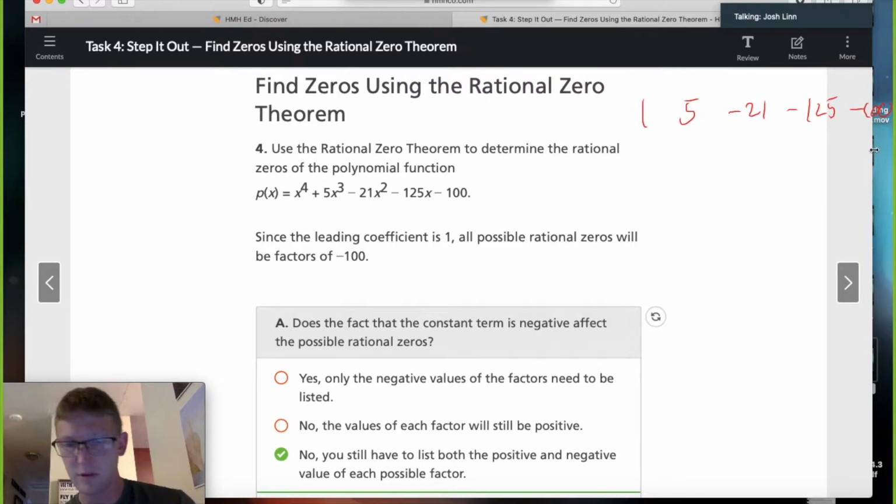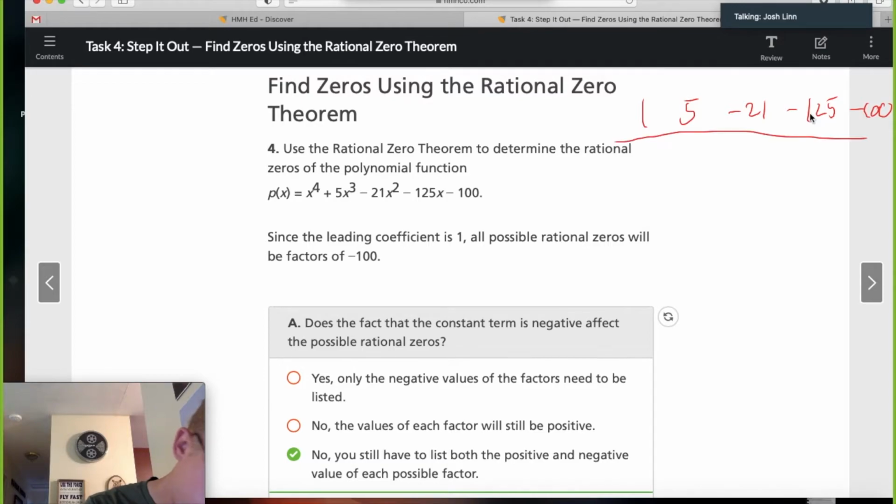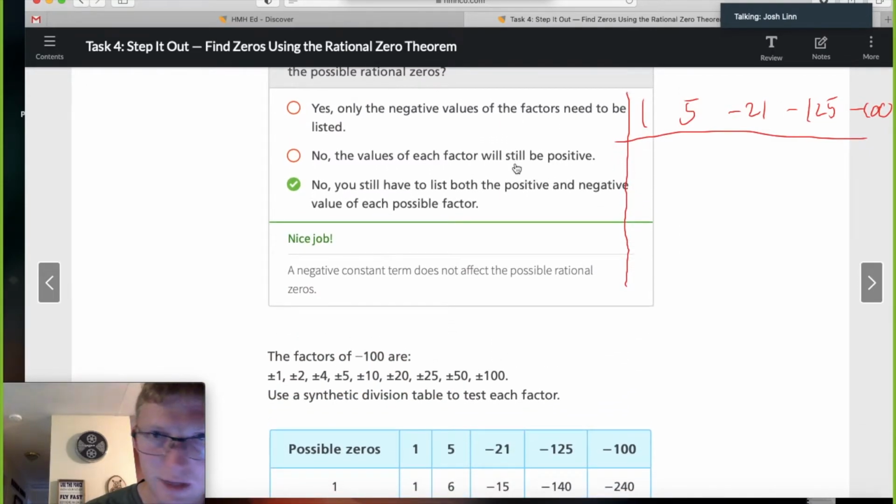Let's give ourselves a little bit more white space here. So we're going to make a line right there. So this is really kind of slick what they did. Like I'll give it to them. I kind of like it. So we've got our synthetic division set up. So we're going to start with 1.